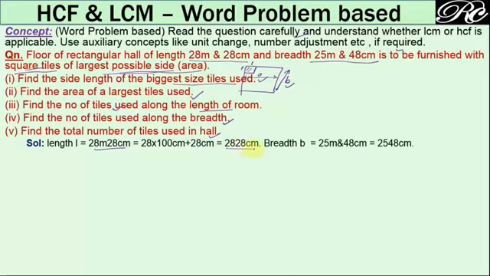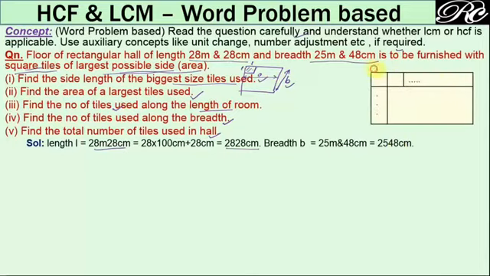So converting it into centimeter, it becomes 2828 centimeters. Similarly, the width becomes 2548 centimeters. Now represent this situation. Here we are taking this as the length, take this as A, and this as the breadth, take this as B. Now we need a tile of largest side length.